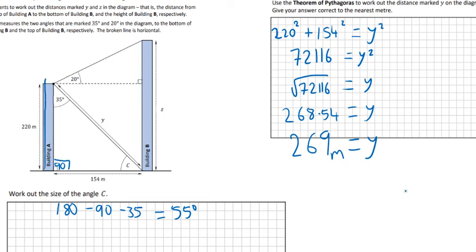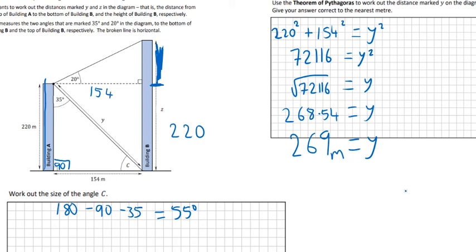We know that it's 220 up to here where it's cut off. So really we've just got to work out this bit here, and then add it on to 220. Now we know the dotted line going across here is 154 as well, because it's identical to the bottom.